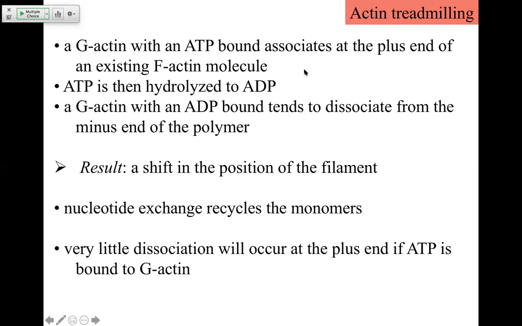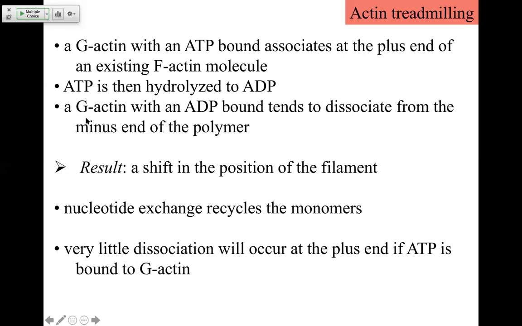This will be growth or extension of this filamentous actin. The ATP is then hydrolyzed to ADP, so that G-actin is an ATPase. This is sounding very familiar, right, to how the subunits of microtubules add and can hydrolyze their bound nucleotide.